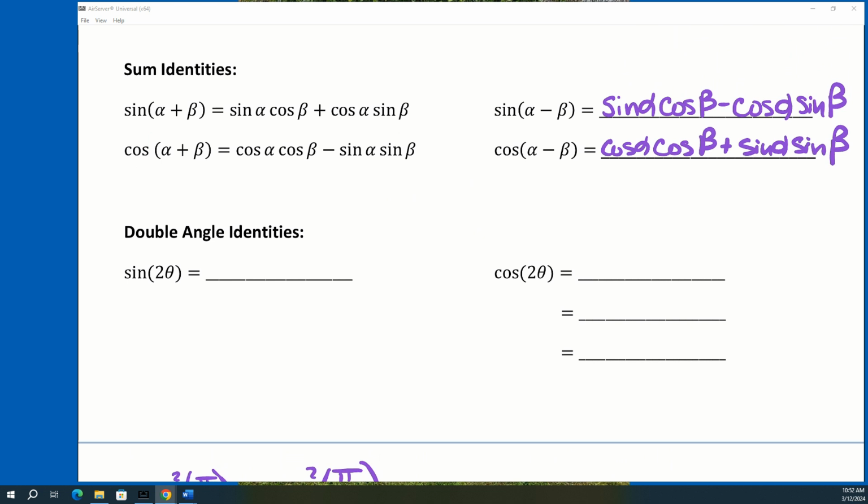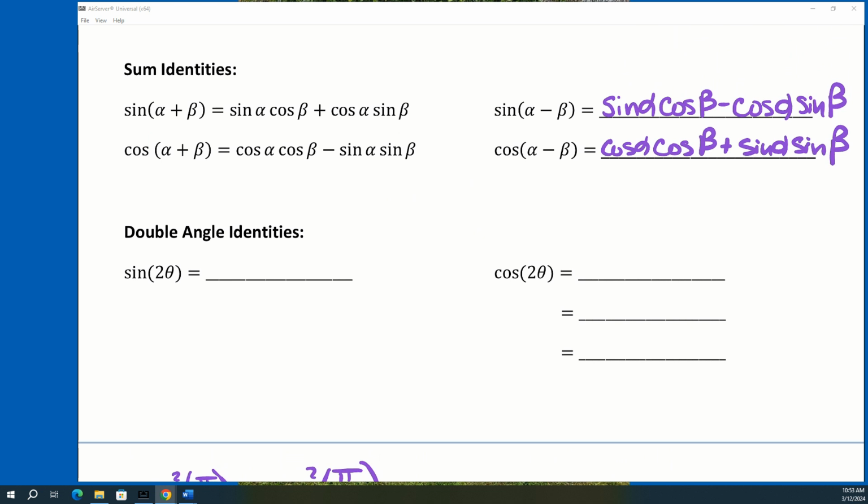And it's kind of difficult today for you to see the usefulness in these, but sometimes you want to find the sine of an angle that's not on the unit circle and you can't use a calculator. So it's going to be the sum of two angles that are on the unit circle and you can figure it out that way. Okay, and then the last group is the double angle formulas.